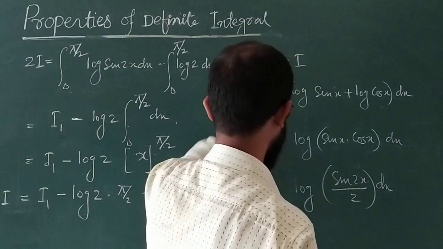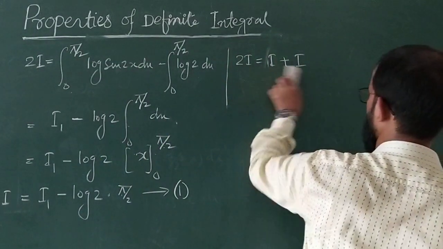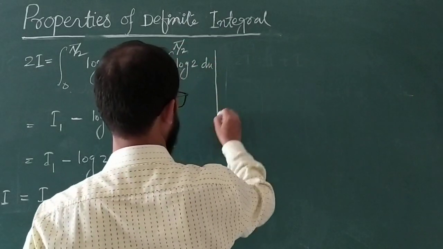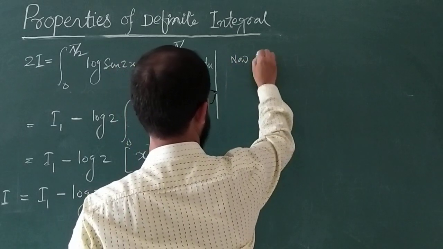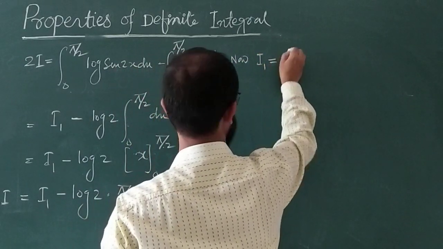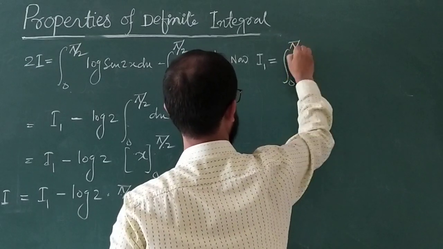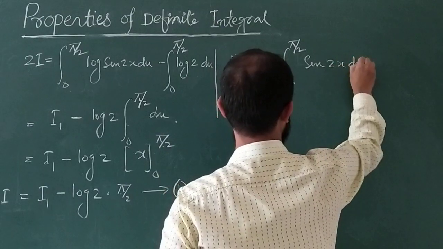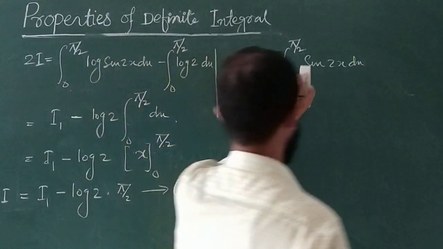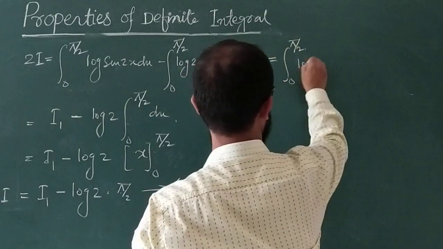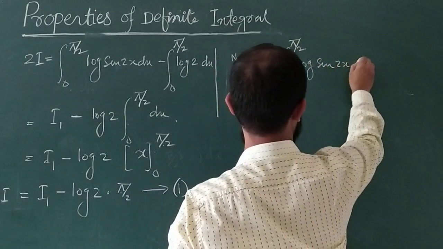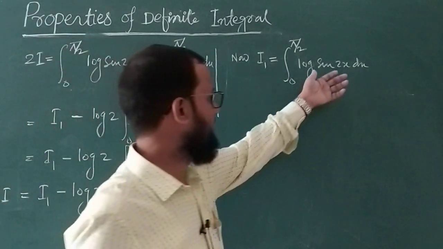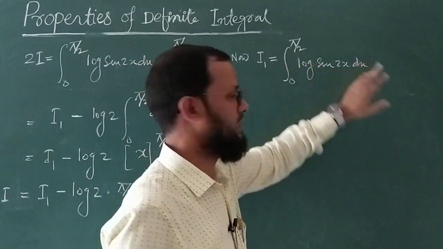Now come to I1. I1 is equal to integration 0 to pi by 2 log sin 2x dx. In your original integral, what was given? It was given integration 0 to pi by 2 log sin x dx.